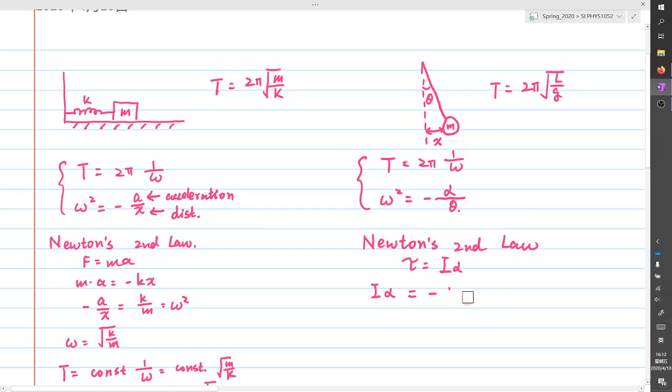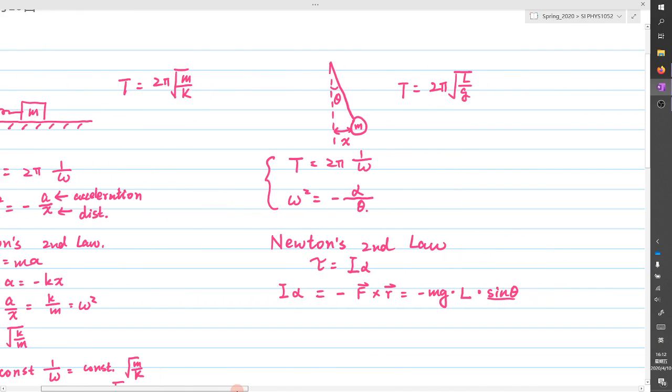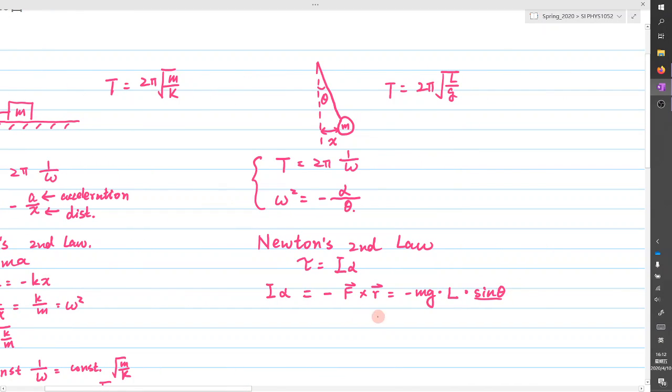Well, I'm going to write F cross R being negative mg times L times sine theta to compensate for the cross product. And at a small angle, we approximate it as negative mg L theta.